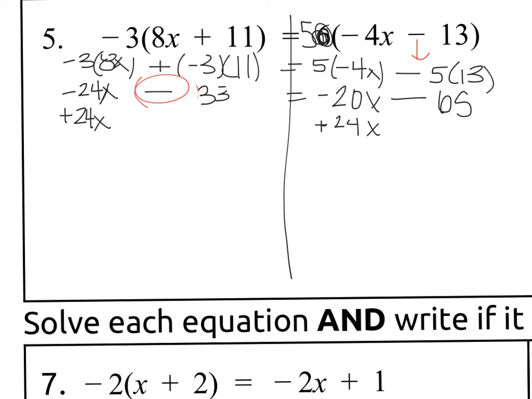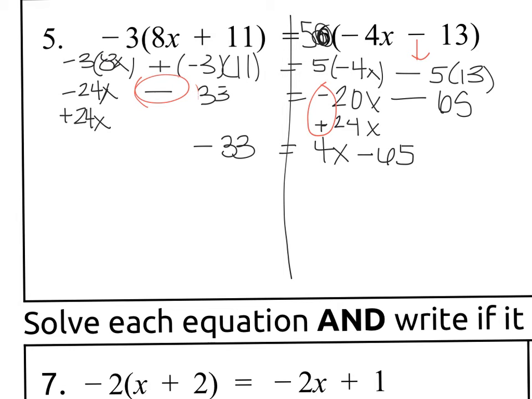On your left, what remains is -33 equals, and be aware about this too, when you put that in your calculator, -20 plus 24 is 4x. You also have -65 with it.